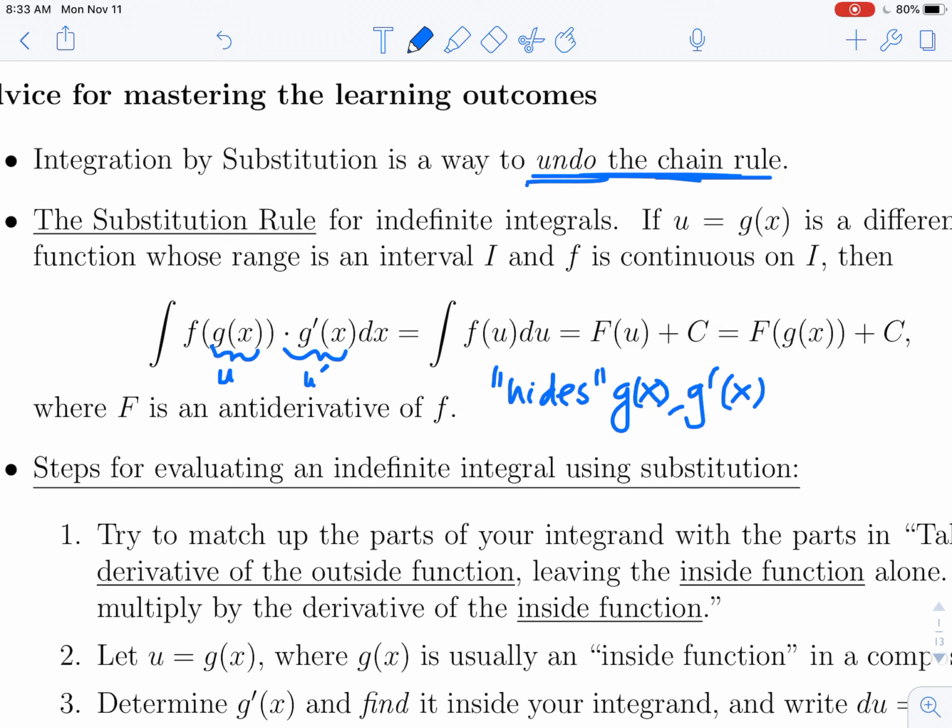And the reason that you make the substitution exactly the way you do is du over dx is the same thing as g prime of x. In other words, that implies du is equal to g prime of x dx, at least if these ideas make any kind of sense whatsoever.